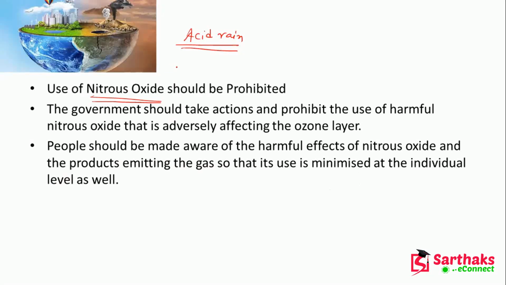So we have to avoid nitrous oxide. The government has already taken many actions and prohibited the use of harmful nitrous oxide, which adversely affects the ozone layer. People should be made aware of the harmful effects of nitrous oxide and of products emitting these gases, and their use should be minimized.